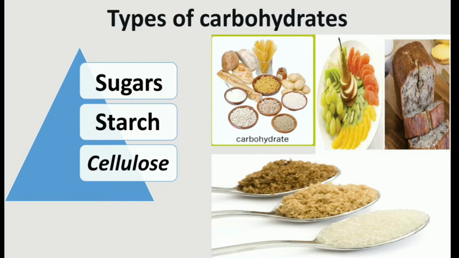So these are all good sources of starch. If we talk about cellulose, we have salads, fruits, vegetables. So these are all good sources of cellulose. But unlike sugar and starch, cellulose is difficult to digest, while sugar and starch we can digest easily.